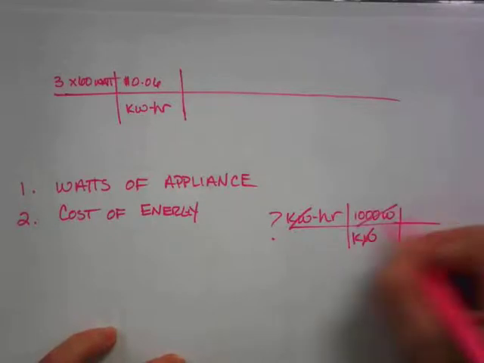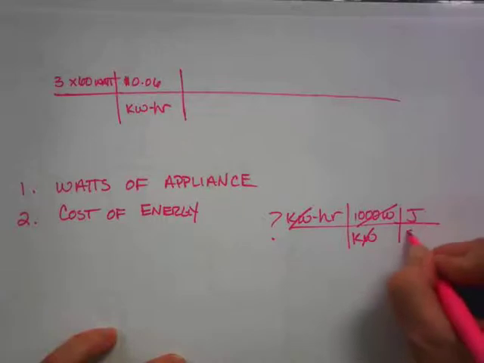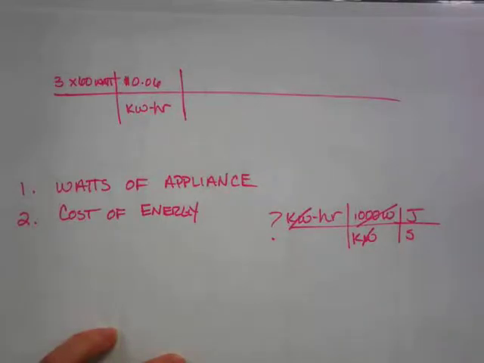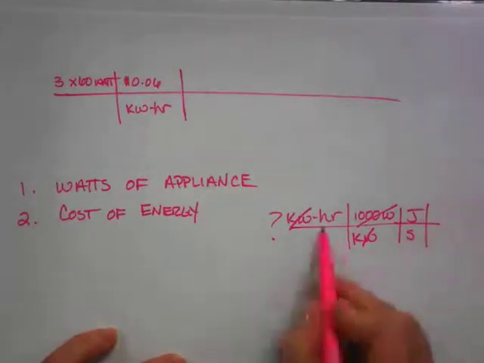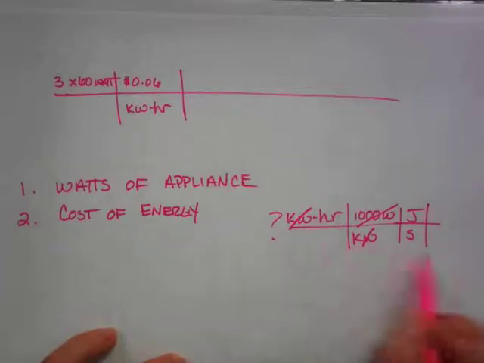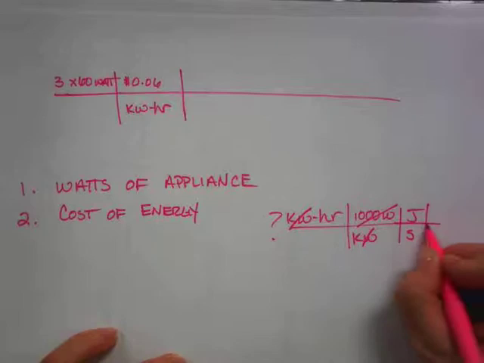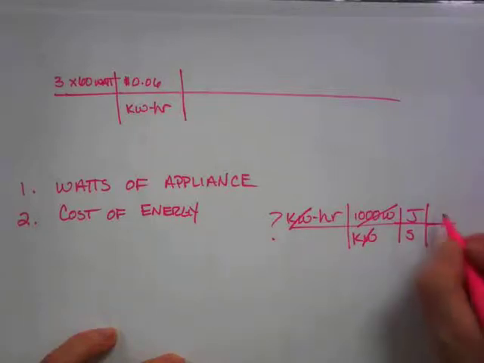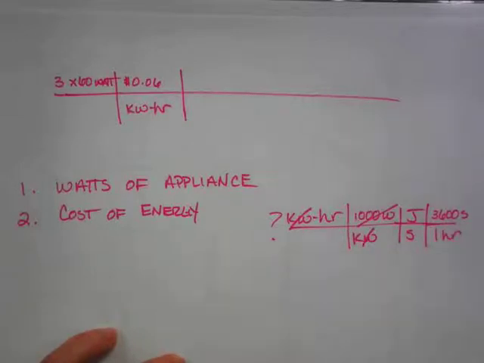So I'm just going to replace that with, and the numbers aren't important, we're just analyzing the units, joules per second, right? And then we still have hours here. So our hours and seconds are convertible units. How many seconds in an hour? 3,600, right? So 3,600 seconds in 1 hour.